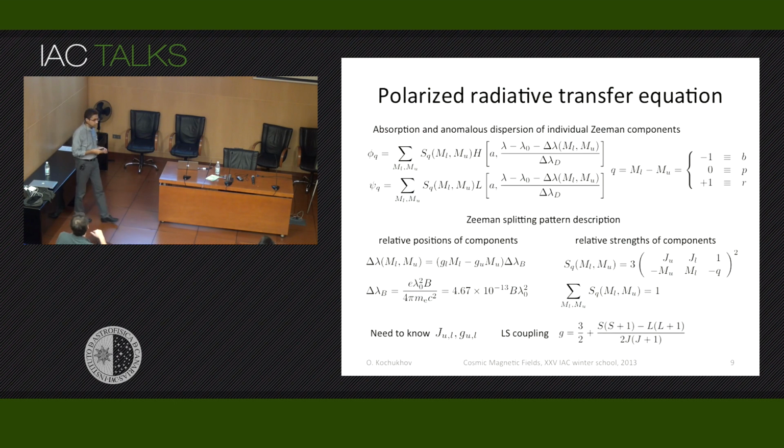Now, this function S represents the function that gives the relative strength of the pi components and sigma components. And then functions H and L correspond to the Voigt profile and the so-called Faraday-Voigt profile. So this is how, in practice, we would compute these contributions to the total absorption matrix.